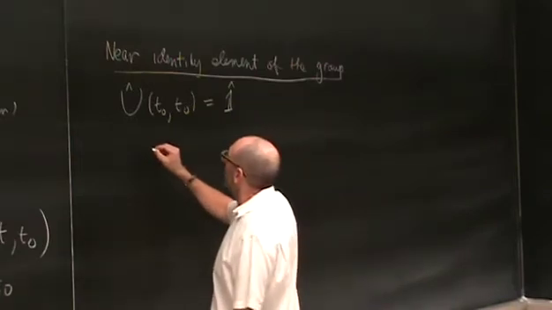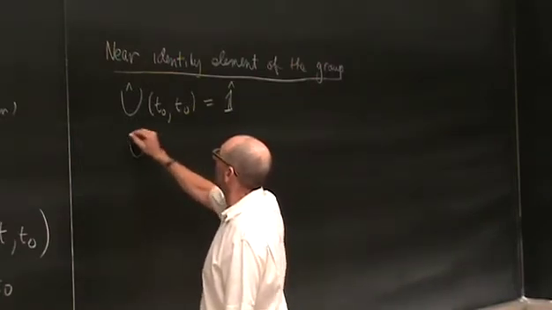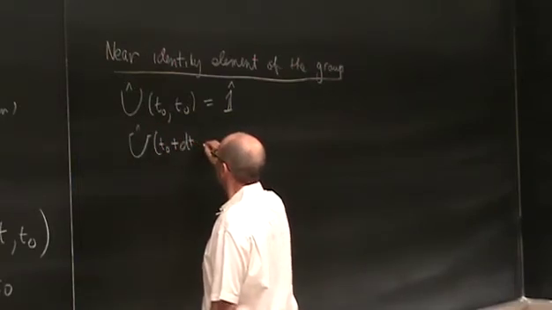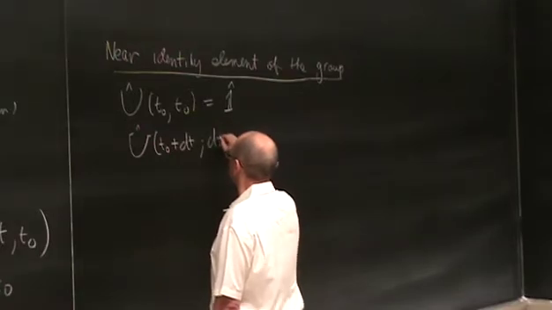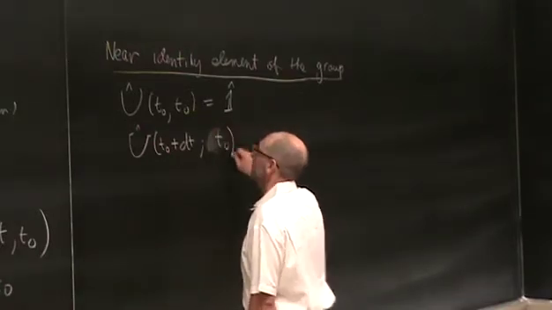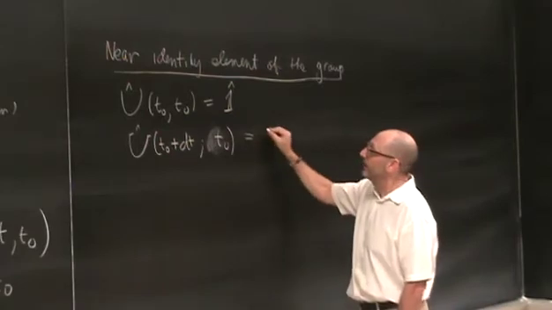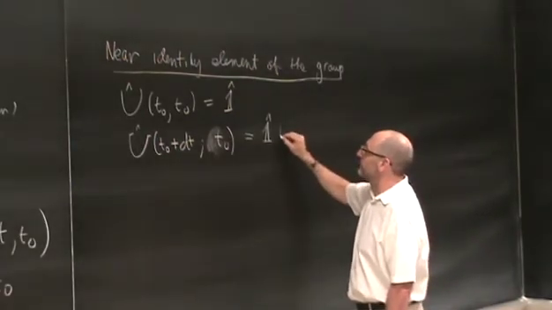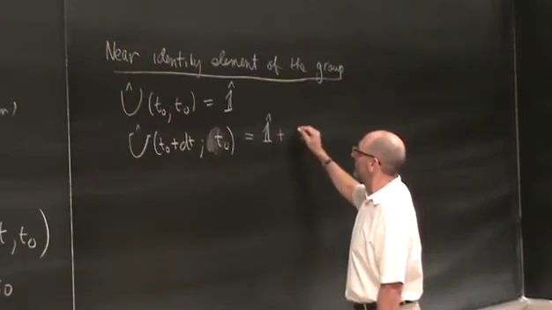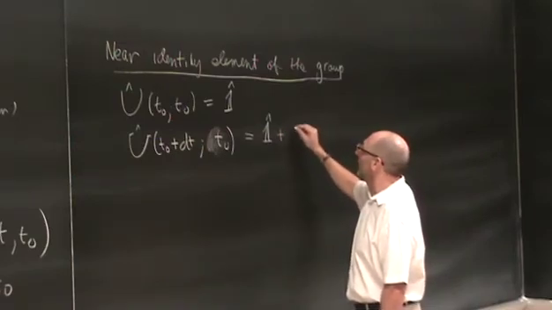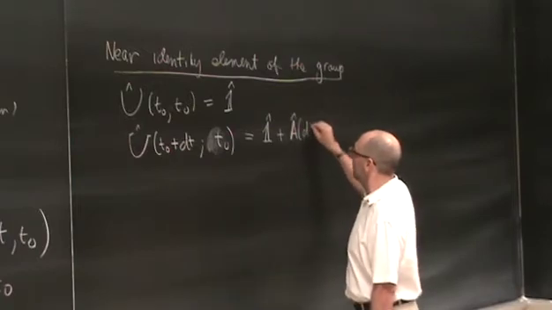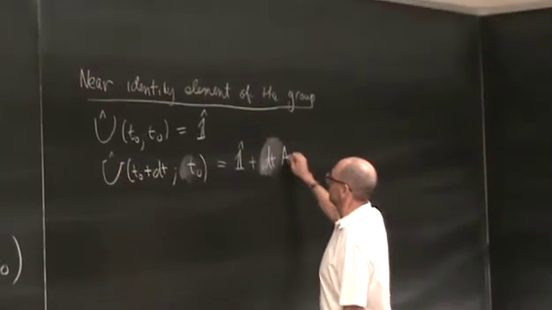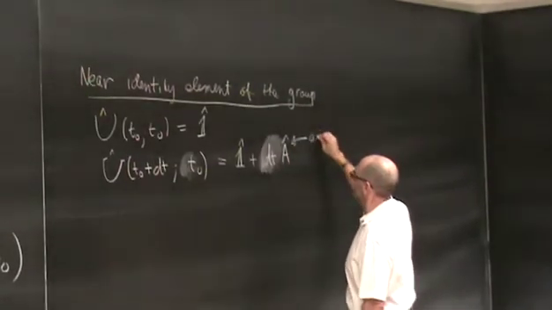But if I go to t0 plus some dt, some very small differential, well, this is something which is equal to the identity plus some anti-unitary operator that's proportional to dt. This is anti-unitary.